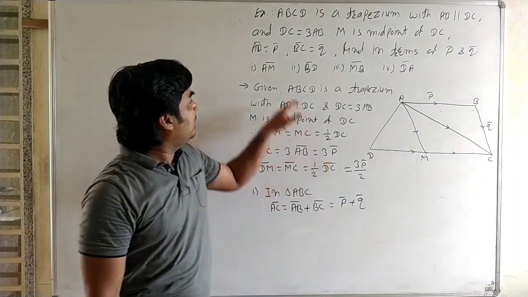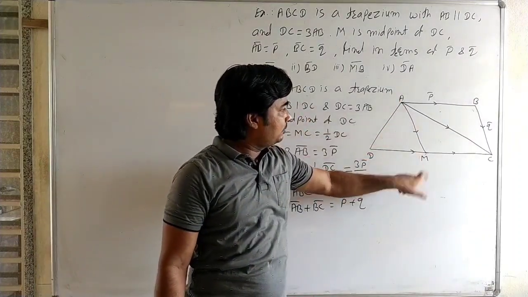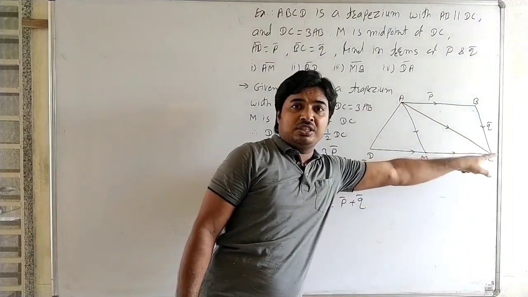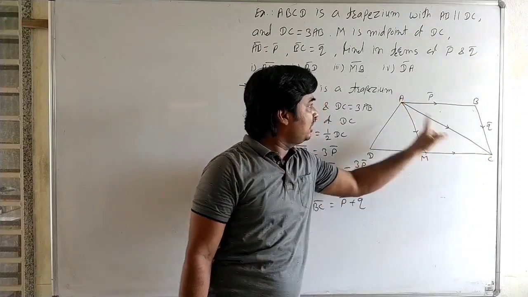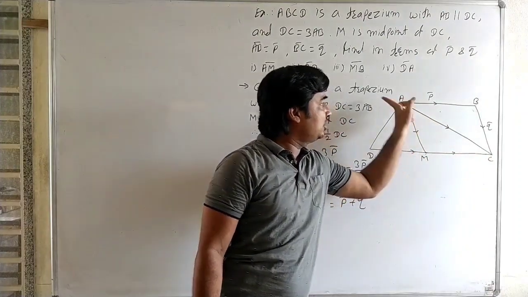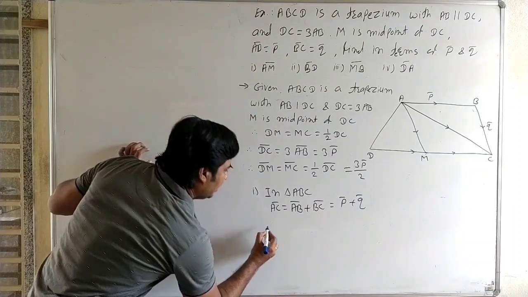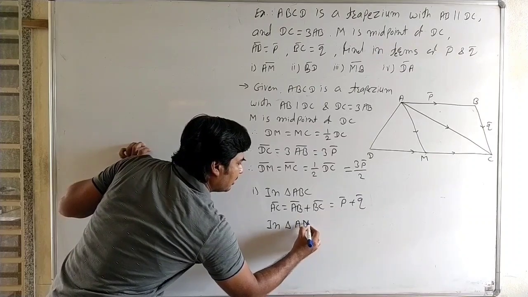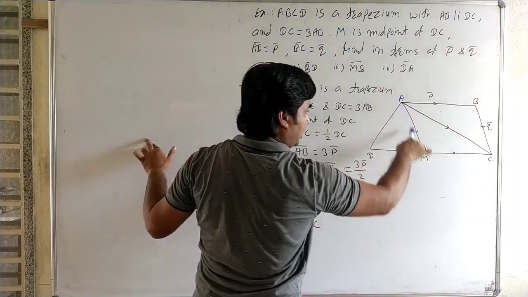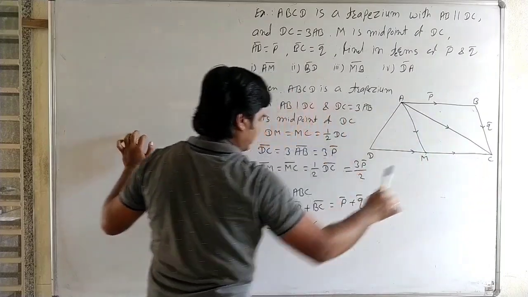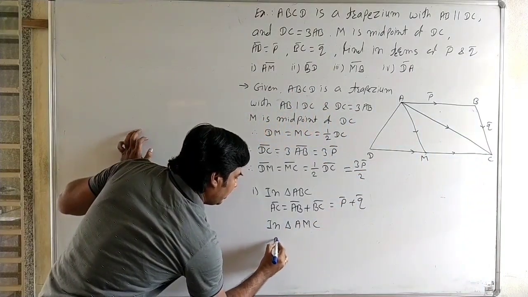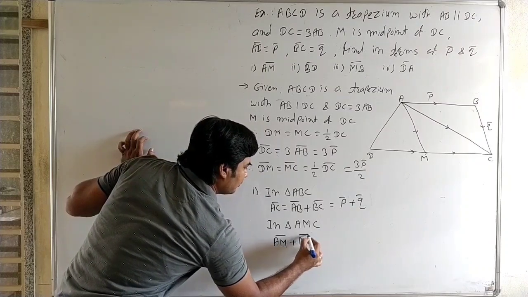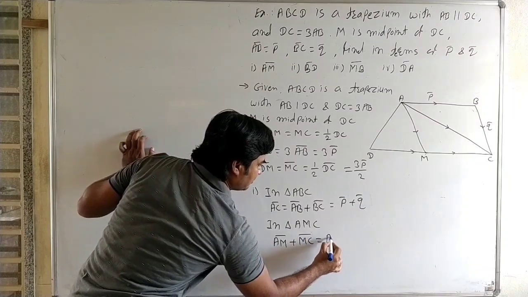Now we find AM. In triangle AMC, vector AM plus vector MC is equal to vector AC.